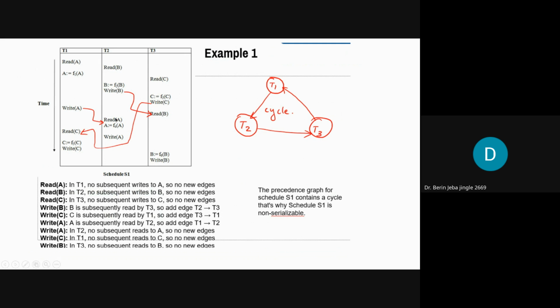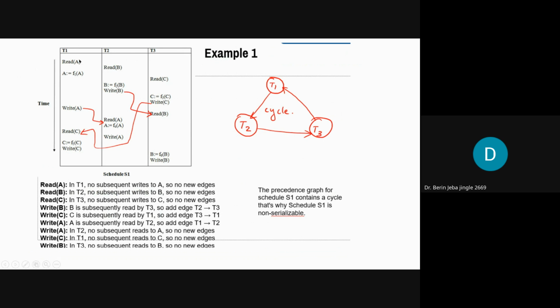When we see the first set of instructions, T1 is executing read(A). A read operation can be done at any time. So see here, read(A) in T1, with no subsequent write to A.